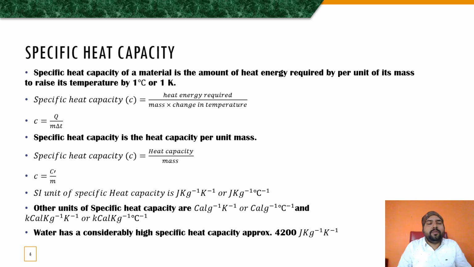A few years back, automobile engines produced a lot of heat, so to maintain their temperature, water used to be used as coolant. Now synthetic coolants are available, so water is not used quite as often, but water is a good coolant because of its high specific heat capacity.